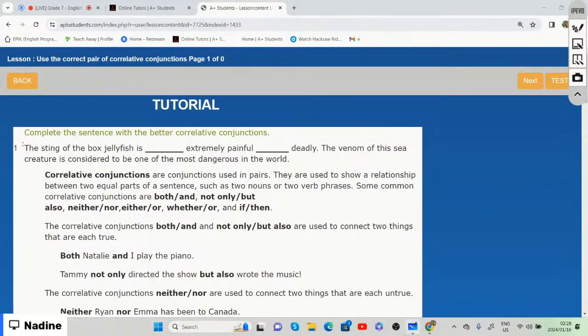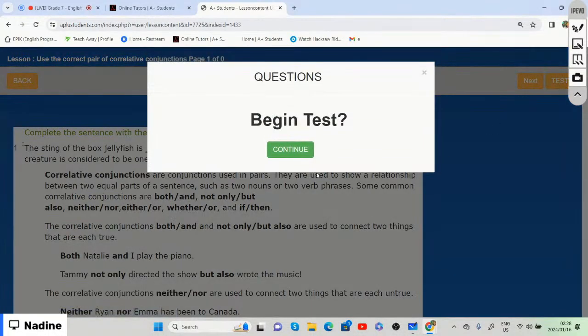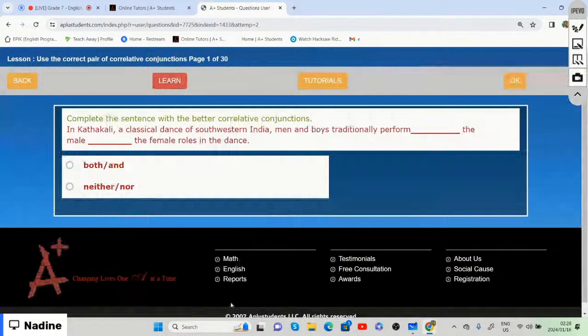So now we're going to the test where we're going to use the correct pair of correlative conjunctions. We're going to complete the sentence with the best correlative conjunction.